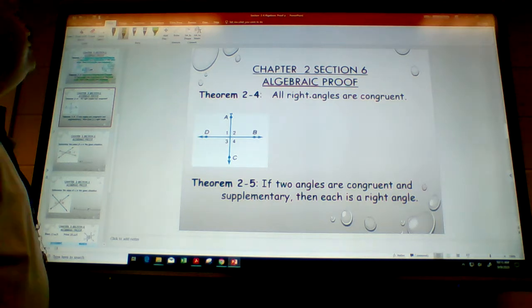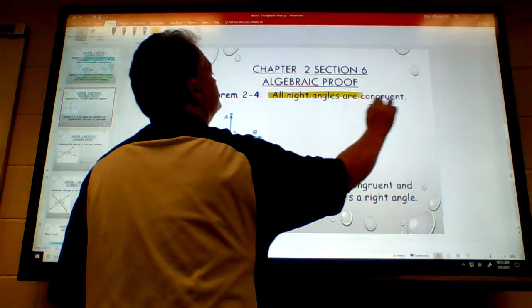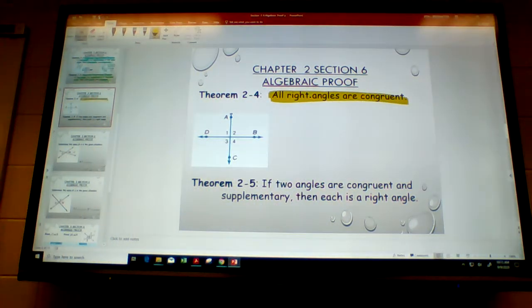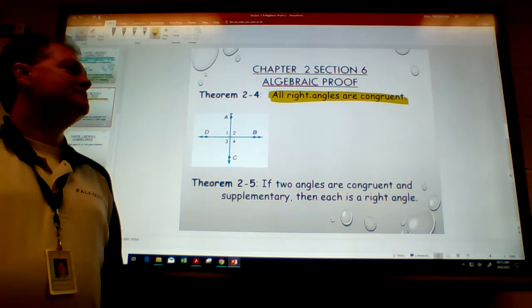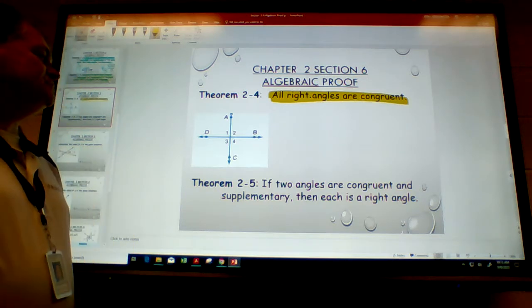All right, theorem 2-4: all right angles are congruent. Just know that all right angles are congruent. I don't remember what theorem number it is. After this lesson, I'll forget it, but I will know that all right angles are congruent.